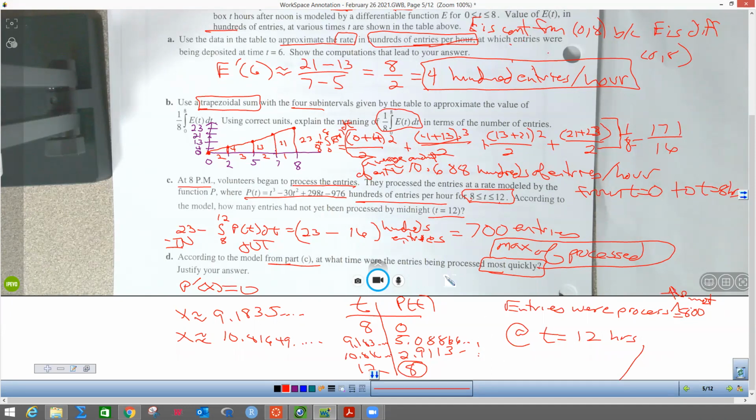But that would be the when part, which is the thing we're looking for. They're most quickly processed at 12 hours.